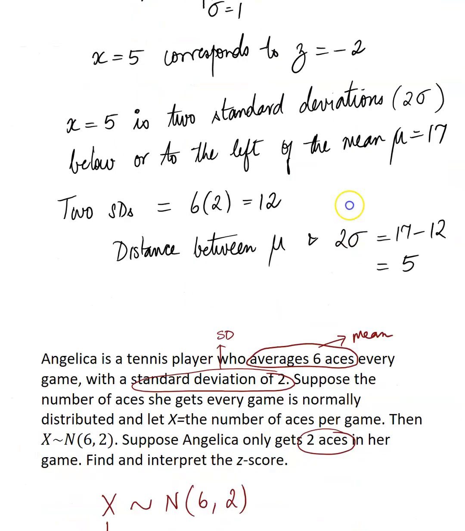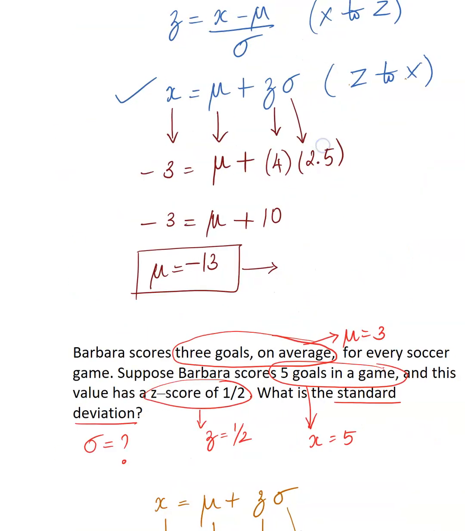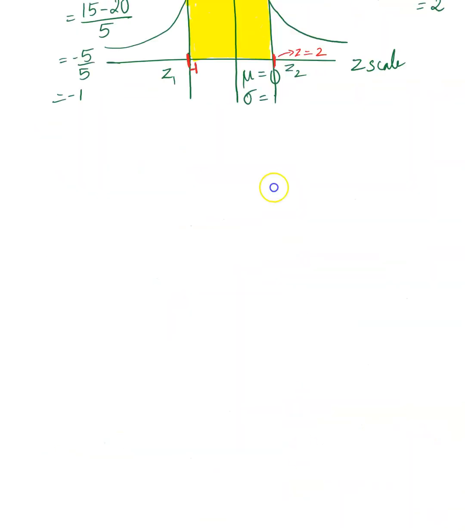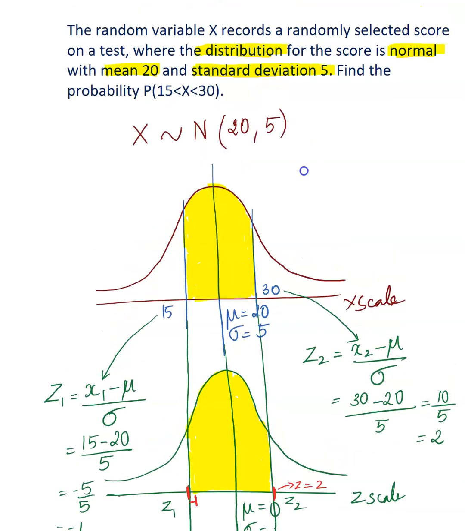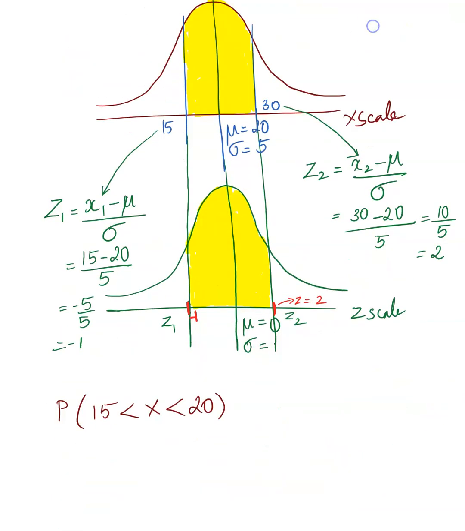So coming over here for our problem, we are asked to find the probability of 15 less than x less than 20, right? Let me take you back to the problem. 15 less than x less than 30, that's right, not 20.